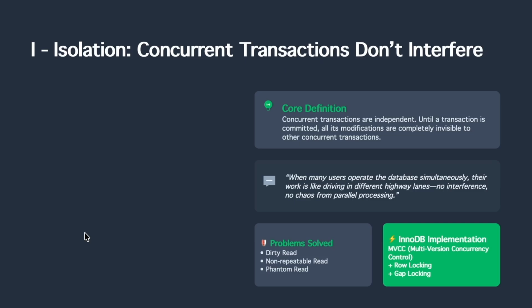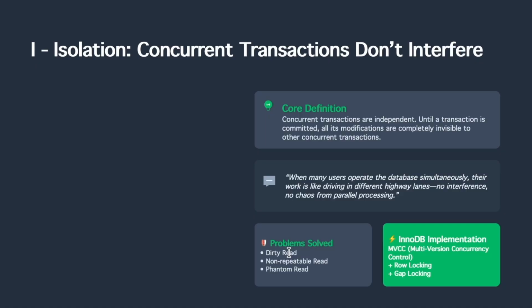Standard interview answer: transaction isolation ensures concurrent transactions do not affect each other's execution results. Different isolation levels balance data security and system performance. It solves three classic database concurrency problems: dirty read, non-repeatable read, and phantom read.